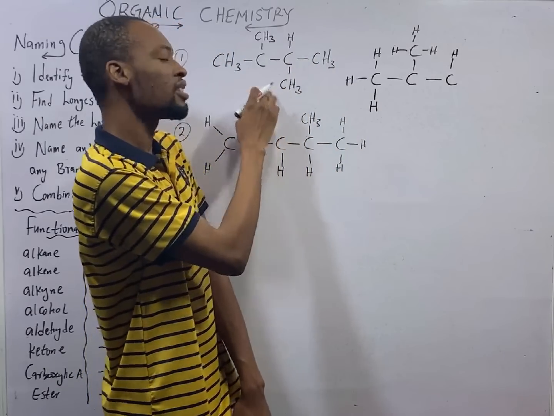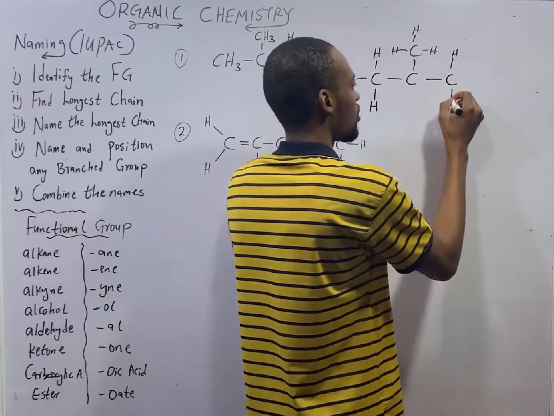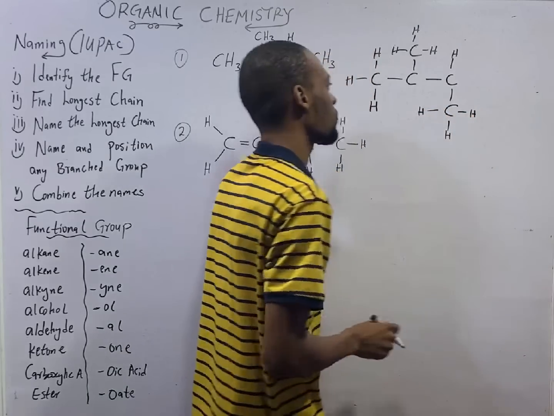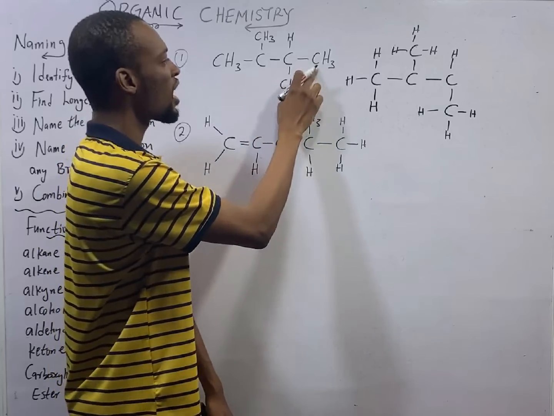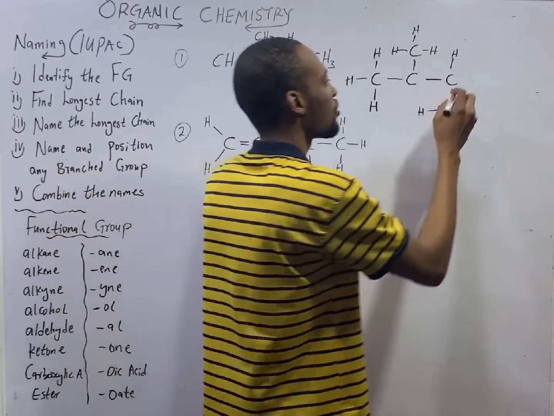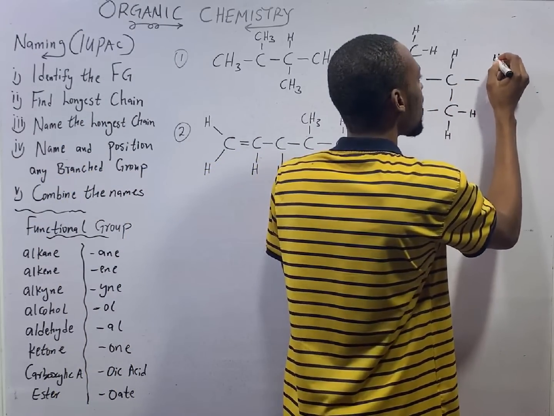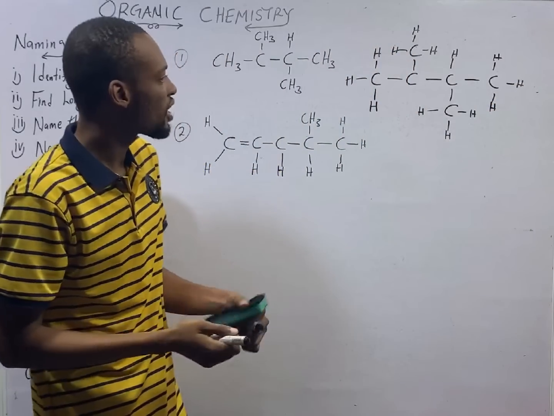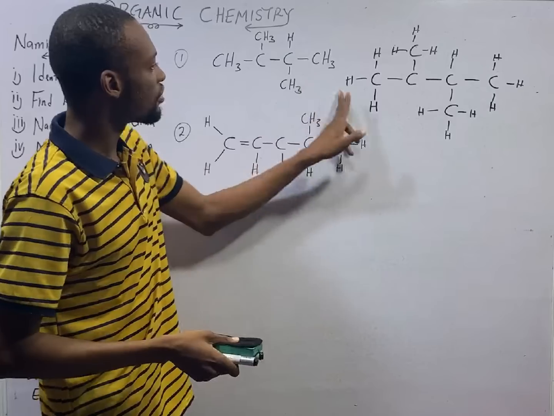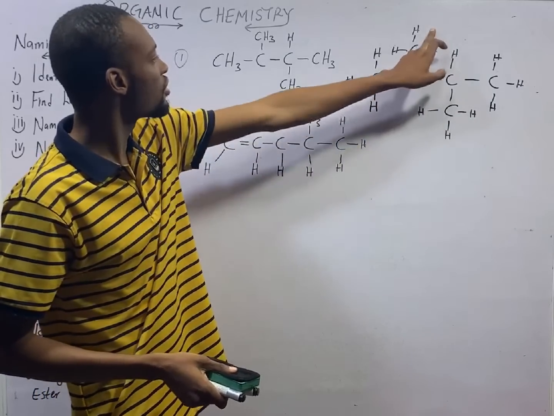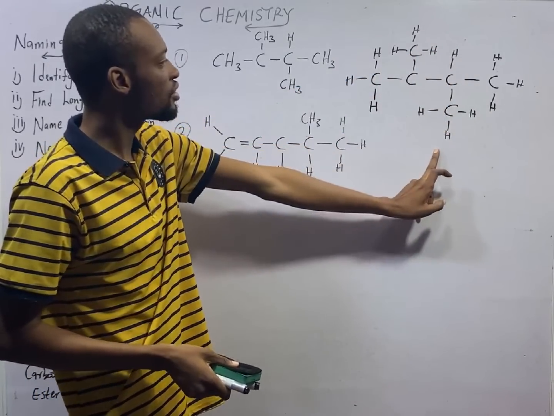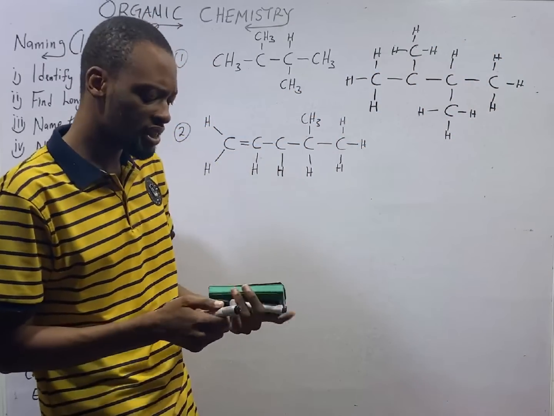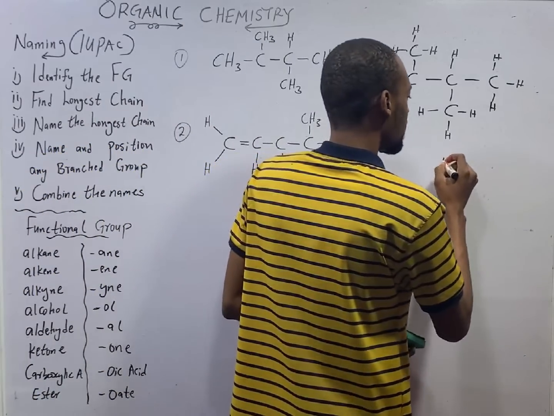Then at the bottom, CH3, which is 1 carbon, 3 hydrogen. After that, we have a bond to CH3. So carbon, hydrogen, hydrogen, and hydrogen. Let us observe: CH3, C, CH3, H, CH3, CH3. So this is the compound. And we have already seen, step 1, that it is an alkane.